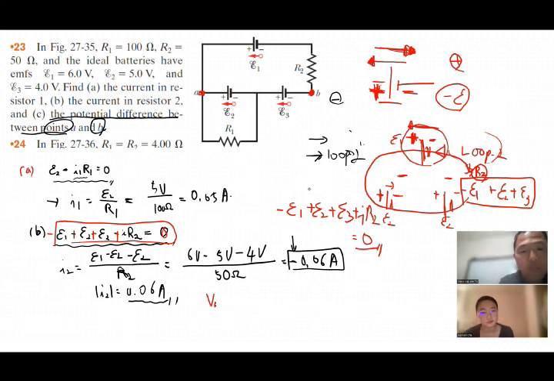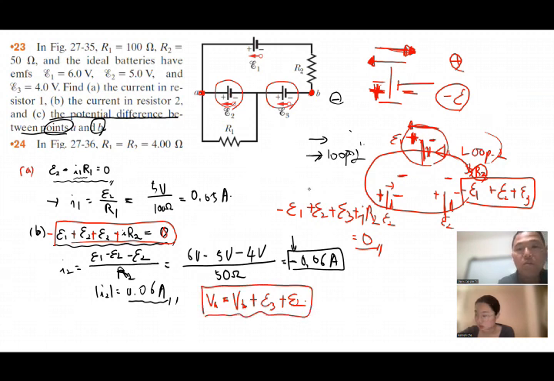Any type of potential drop or potential rise should consist of the absolute potential values at those two points plus the batteries. Between A and B, only two batteries actually engage in the potential change. So that comes with E3 plus E2.